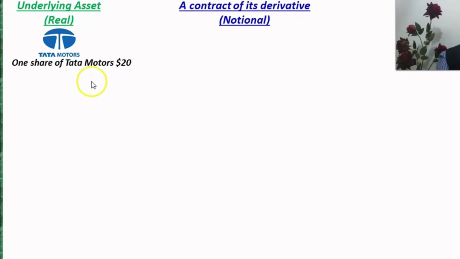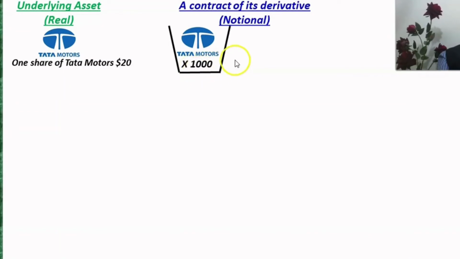For the time being, consider that a single share of Tata Motors is an underlying asset being traded on the exchange at $20 per share. On the other hand, you have a notional basket containing 1000 shares of Tata Motors. Now this basket may be considered as a derivative of this Tata Motors share.